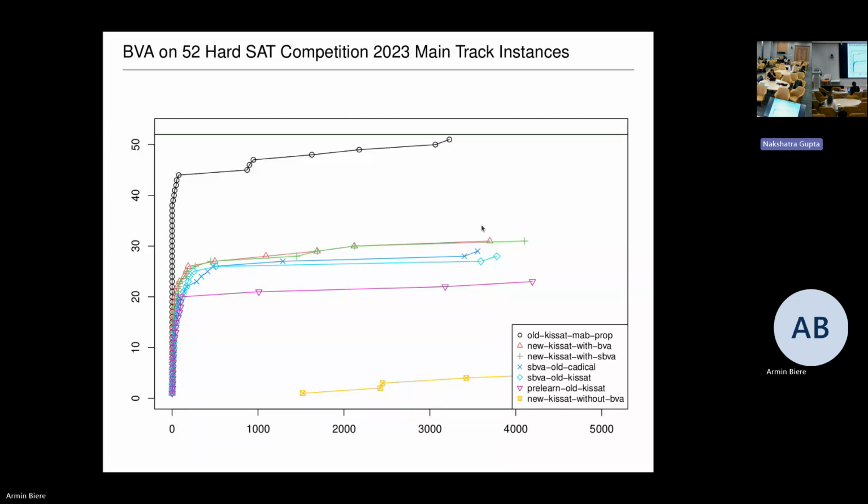This one here, the Huawei solver, uses part of this code, but it uses symmetry breaking, really classically, where you look for symmetries in the formula and add clauses. It's really surprising that you can revive this strange BVA and beat all these guys who do all these other techniques.